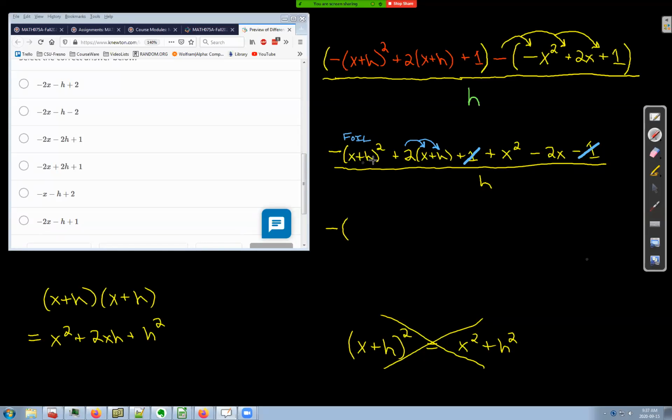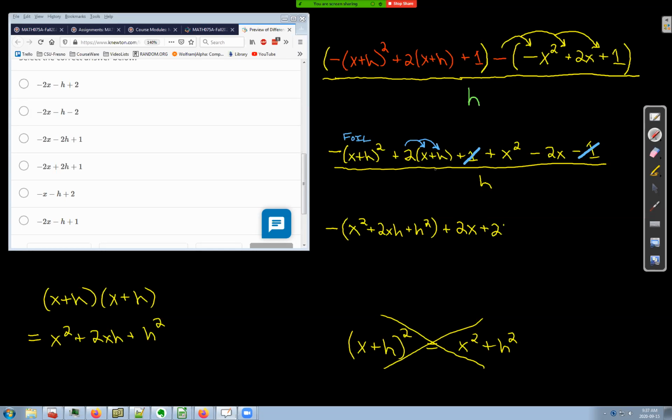So when we do FOIL here, like I said, we did it over here, you get x squared plus 2xh plus h squared. These difference quotient problems, they're long. There's not really any shortcut. You just have to do the work. And then when we distribute here, we're going to get 2x plus 2h.